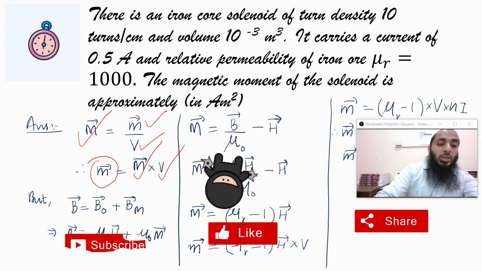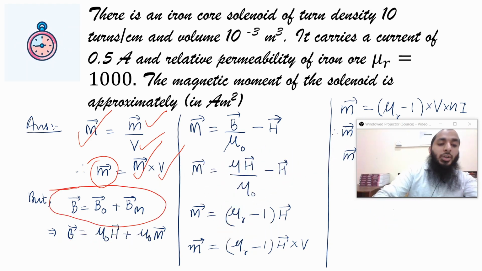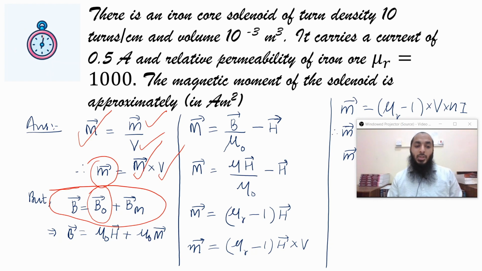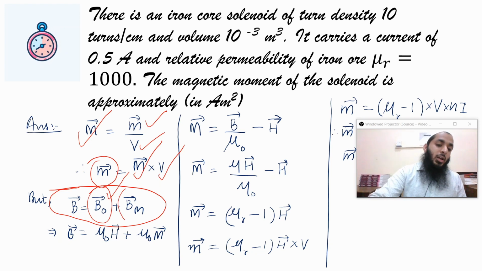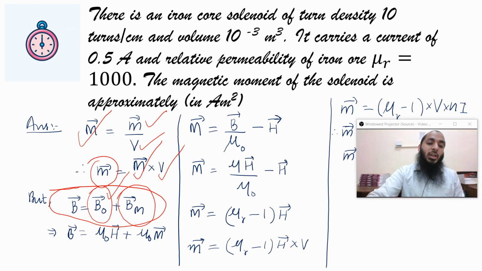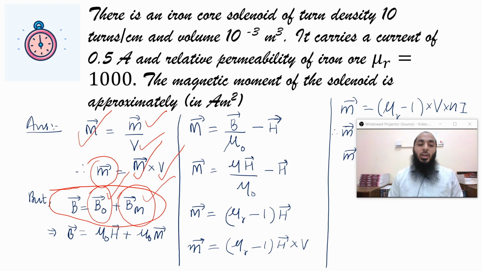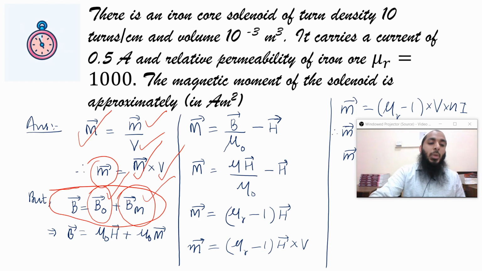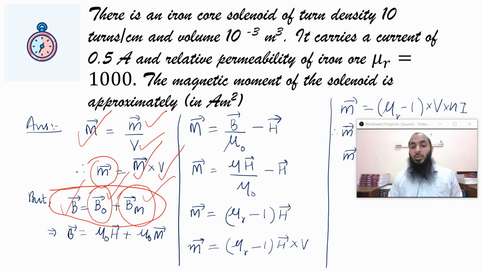We know that the total magnetic field inside the solenoid will be the magnetic field provided externally by the electric current, and the magnetization happening inside the core, because the domains will rearrange in such a way that it will also produce a magnetic field. So these two magnetic fields combine to give you the net magnetic field, the magnetic induction.